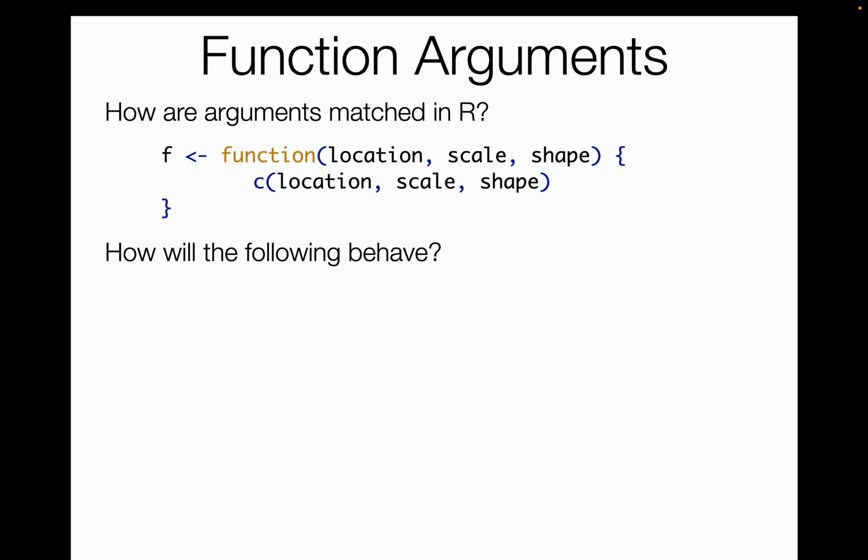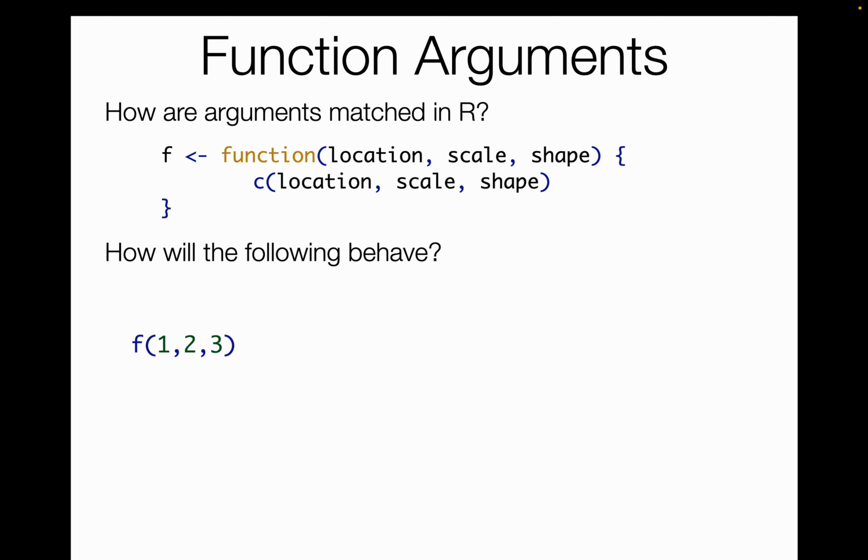So, for example, I have a function here, it takes in 3 arguments, and I call the arguments location, scale, shape. They're stats words that we don't need to worry about at the moment. All that this function does, it's a very simple function that just returns a vector with location, scale, and shape, the 3 arguments.